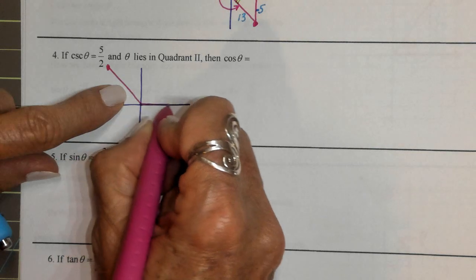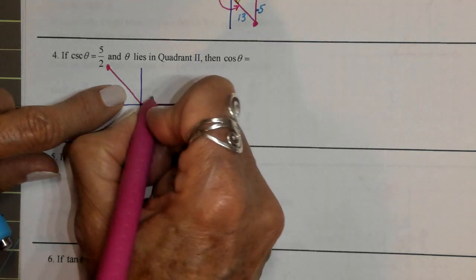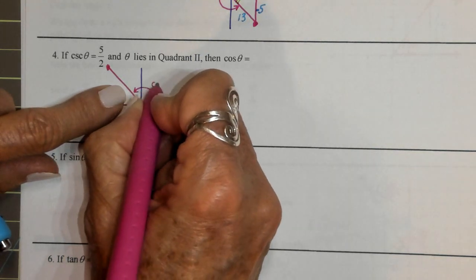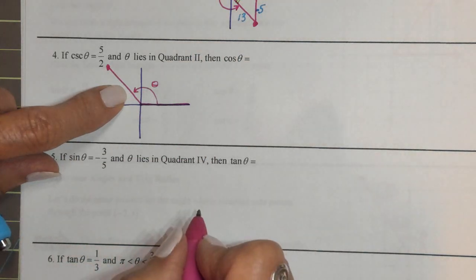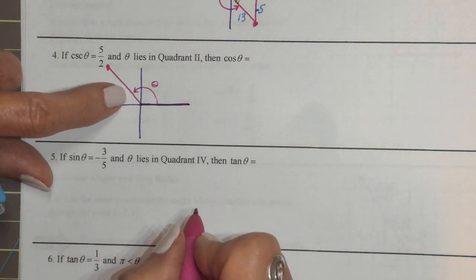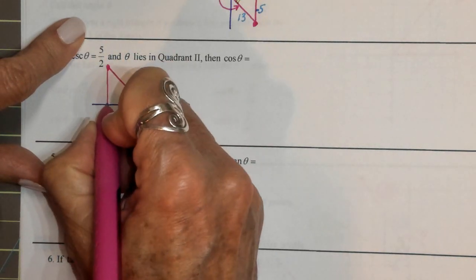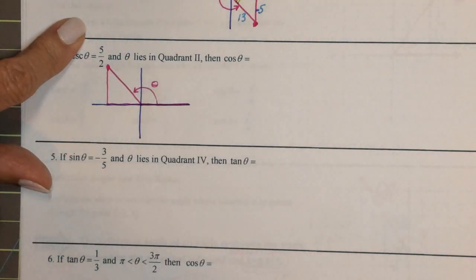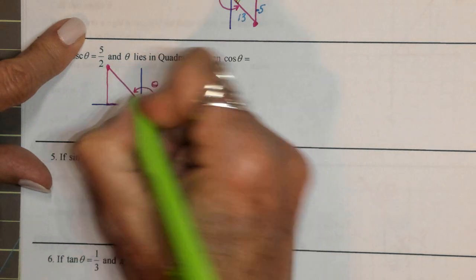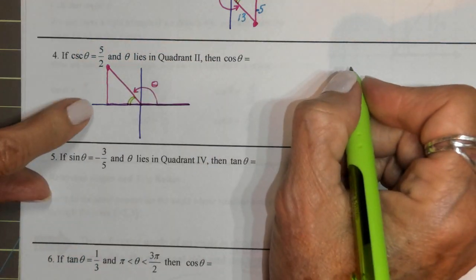Here's the initial side of the angle theta. This is theta. So where is the reference angle? Right here. So I'm going to finish my right triangle, and I'm going to mark my reference angle right there. Okay?